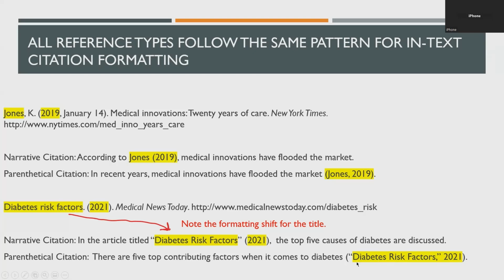Same thing here. There are 5 top contributing factors when it comes to diabetes. This source did not have an author, so I put the title of the source because that's the first thing that shows up in my reference, diabetes risk factors. We put that here. It's a title of an article, so we put it in quotation marks, and we put the publication date. So just kind of a little review there to end our session.